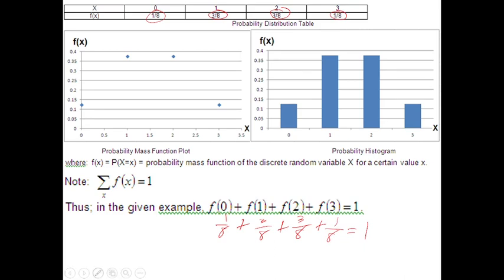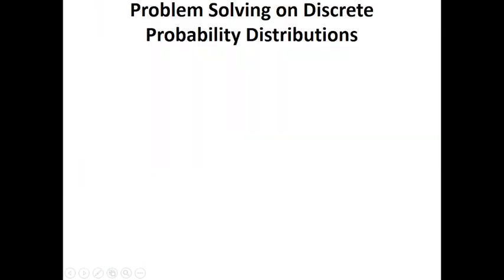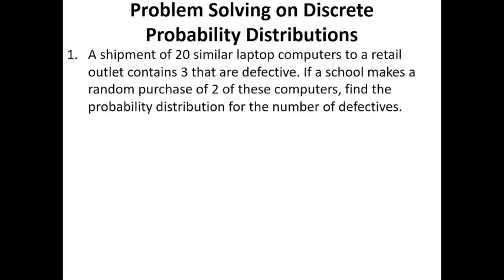Let's now solve problems about this topic. A shipment of 20 similar laptop computers to a retail outlet contains 3 that are defective. If a school makes a random purchase of 2 of these computers, find the probability distribution for the number of defectives.